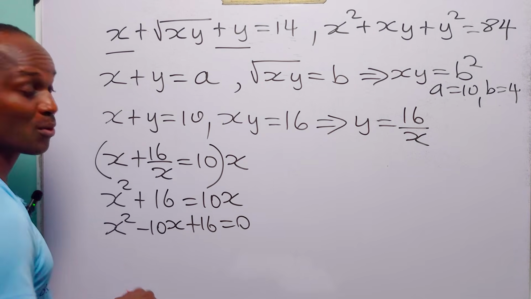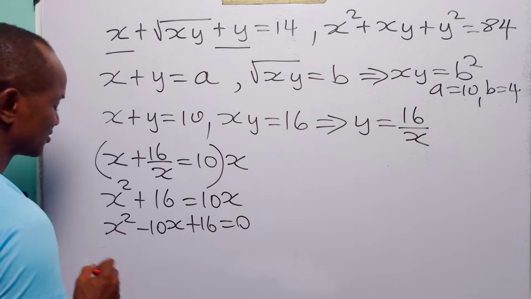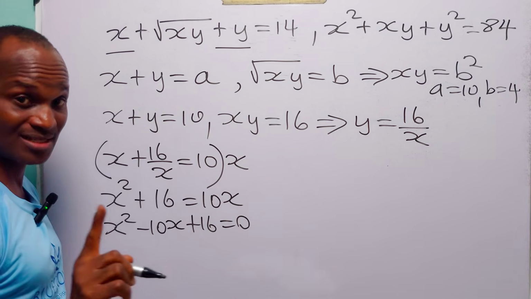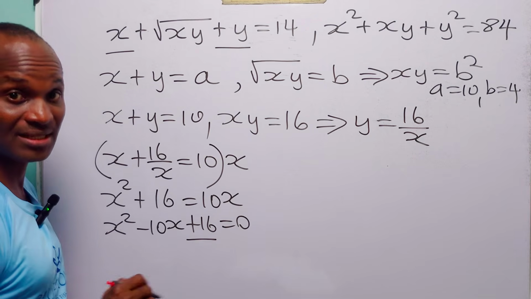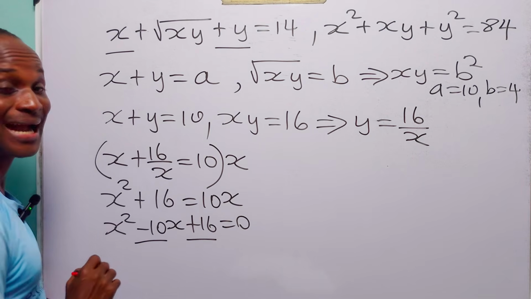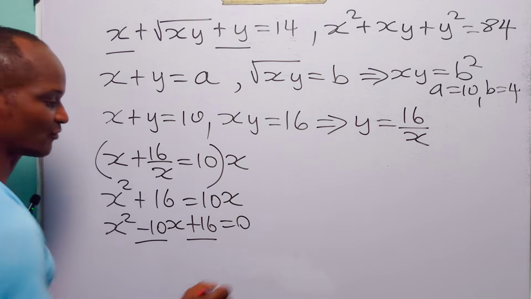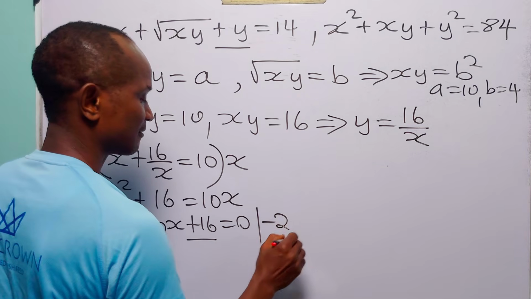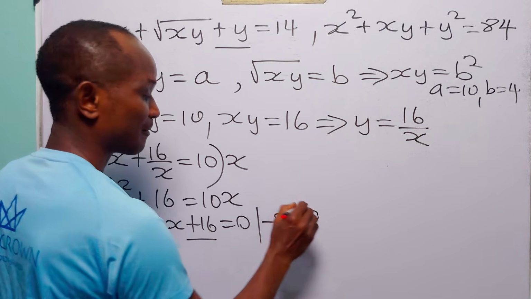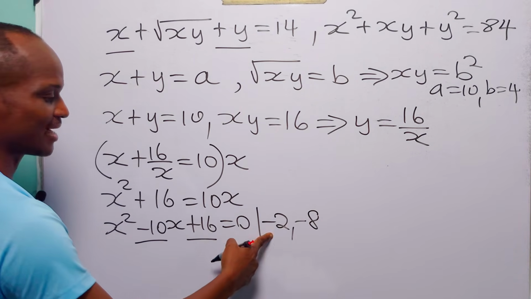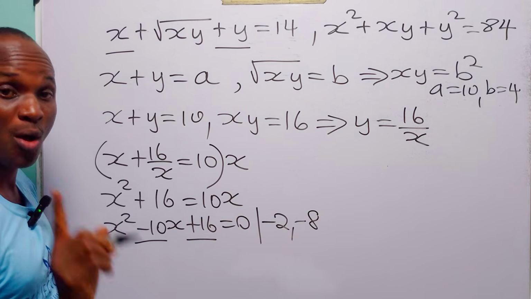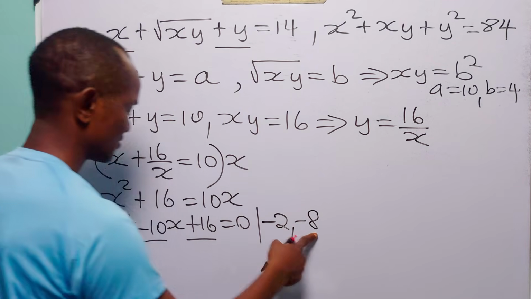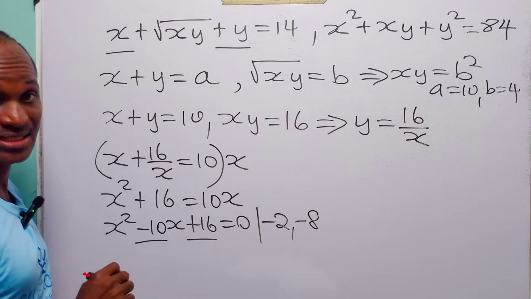Now, we can solve this quadratic equation by factorization. Since the coefficient of x squared is 1, all we need to do is to find the factors of 16 that add up to minus 10. And of course, you know that it is minus 2 and minus 8. Because minus 2 times minus 8 is going to give us plus 16, while minus 2 minus 8 is going to give us minus 10.